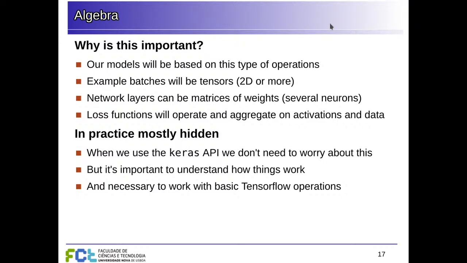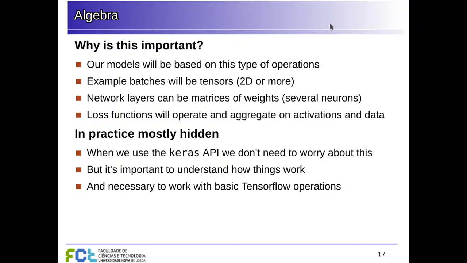However, it's important to start from here so that you can understand how TensorFlow is working deep down, and also because sometimes you may need to actually work at this level. For example, if you have to create a custom loss function or a stranger kind of connectivity between layers, then you may need to know how TensorFlow is doing this in order to go a bit beyond what the simplified interface allows.